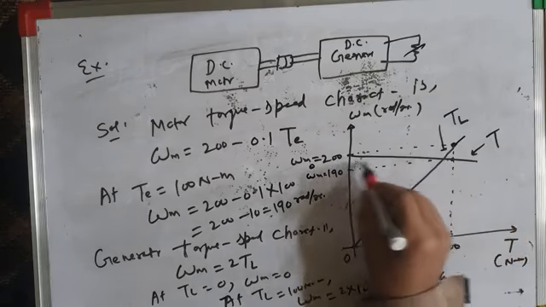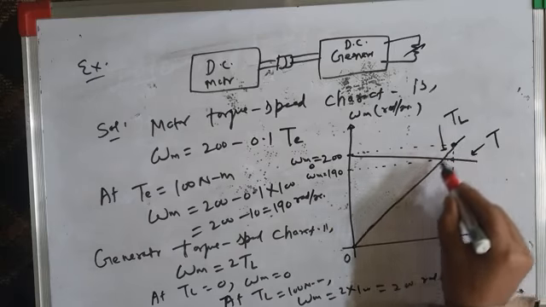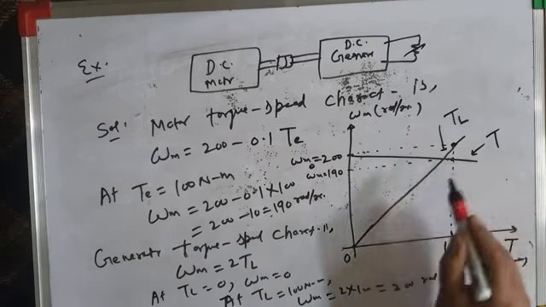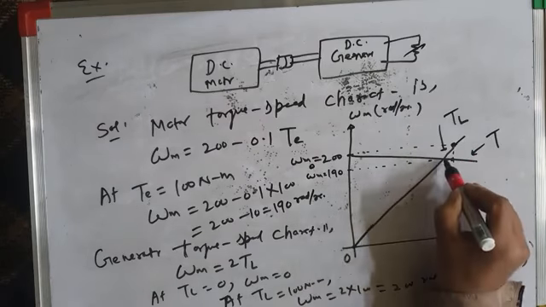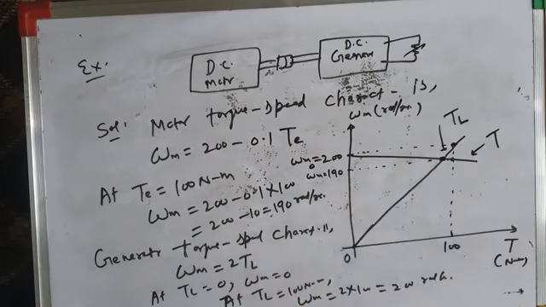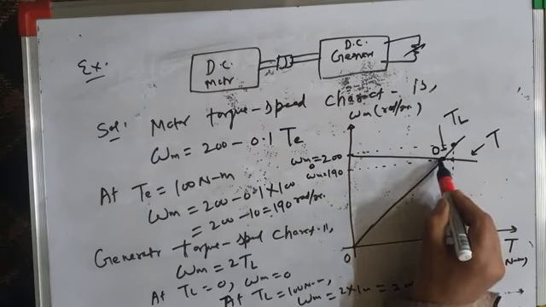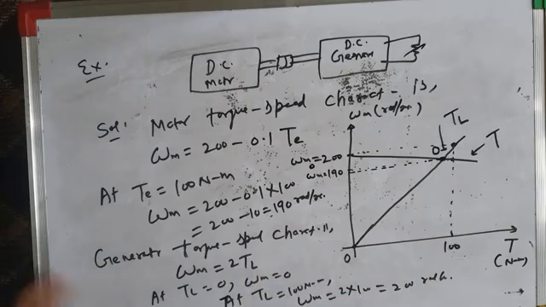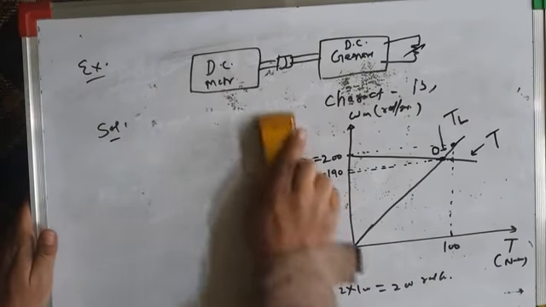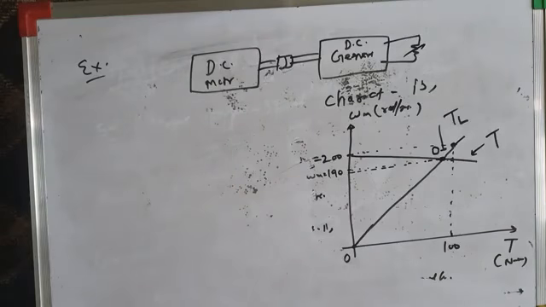So this is the point of intersection between motor torque and load torque. This is the motor torque speed characteristic T, and this is the load torque speed characteristic TL. We already know that the point of intersection of the two is the operating point. Let's call this operating point A, and let us try to find the speed at this operating point.